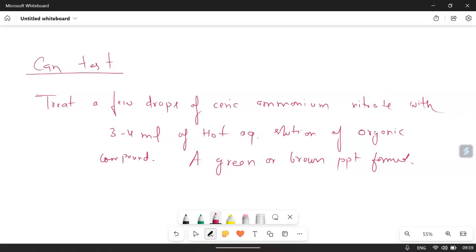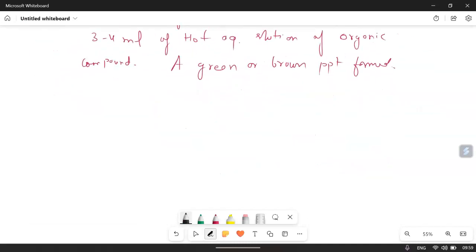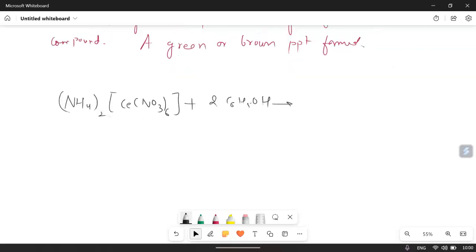For example, you have the ceric reagent. So the reagent will be (NH4)2Ce(NO3)6 plus 2 moles of phenol C6H5OH. So it will form a green color compound or brown color precipitate.